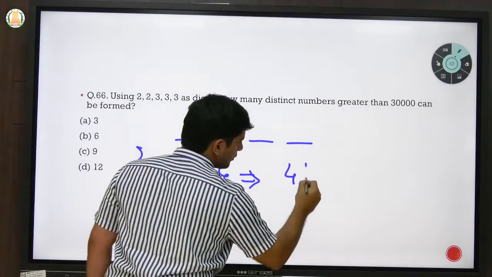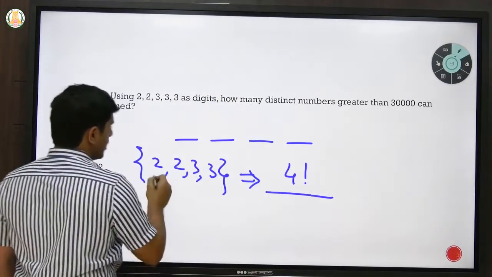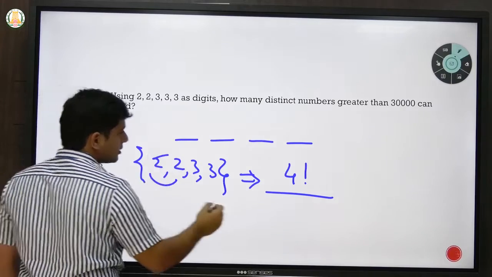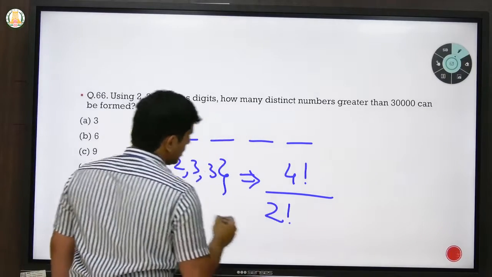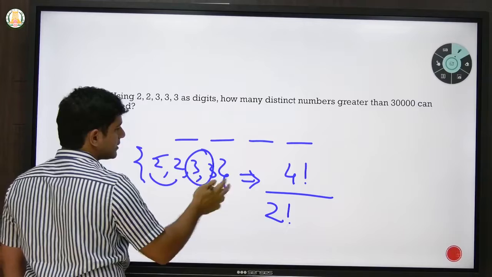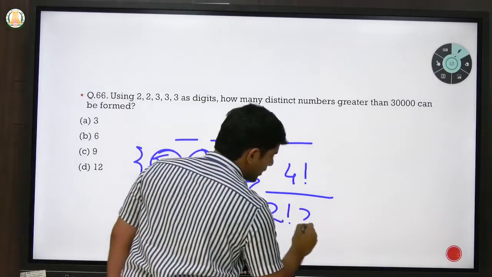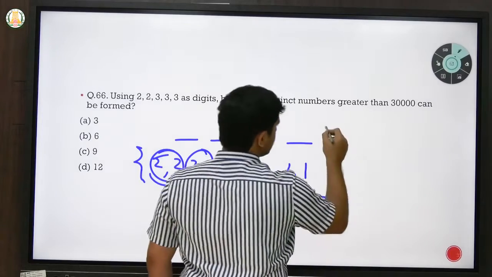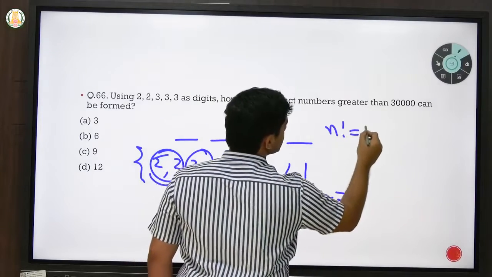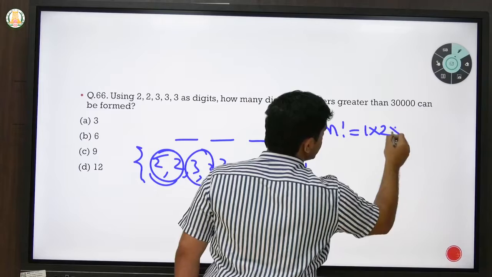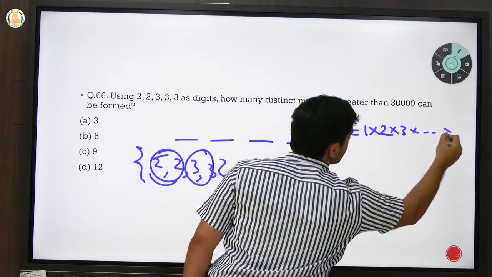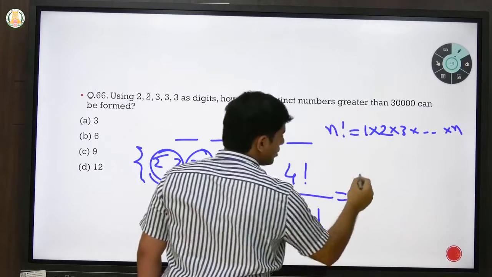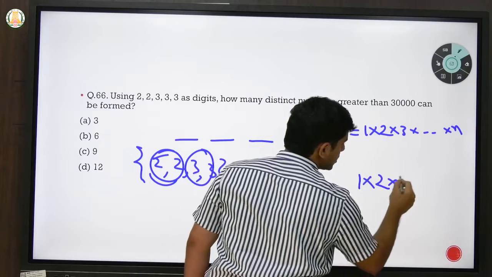So the answer will be 4 factorial divided by 2 factorial, as 2 of them repeat, and another 2 factorial for the other repeating set. And we know what factorial means. Let's say some number is n factorial, that means 1 into 2 into 3 and so on up to n. So 4 factorial will be 1 into 2 into 3 into 4.